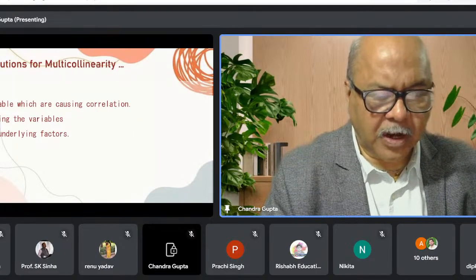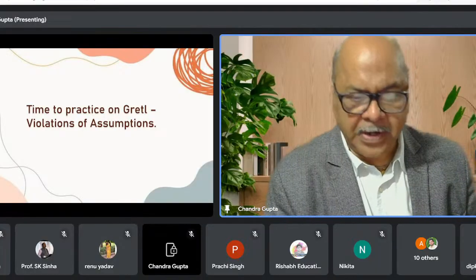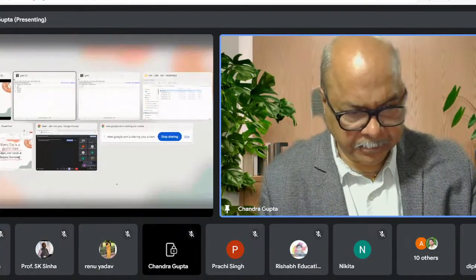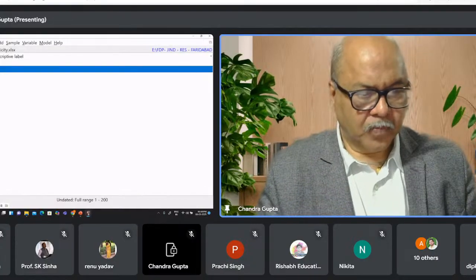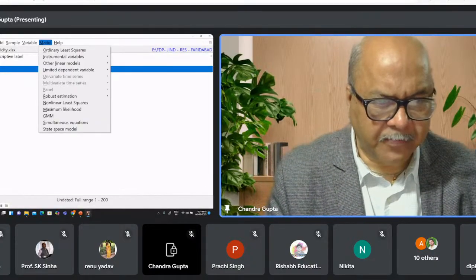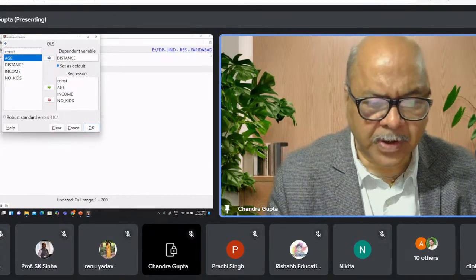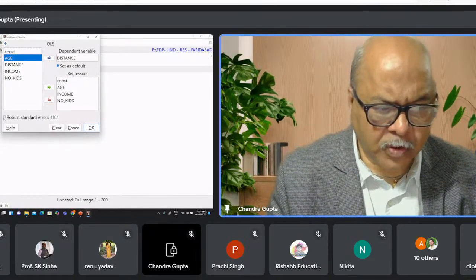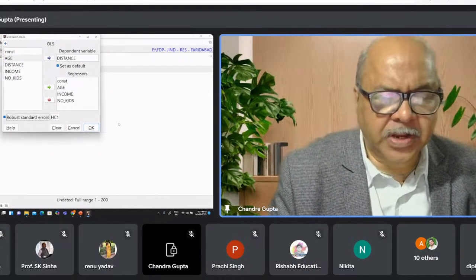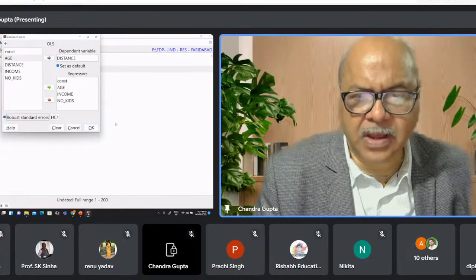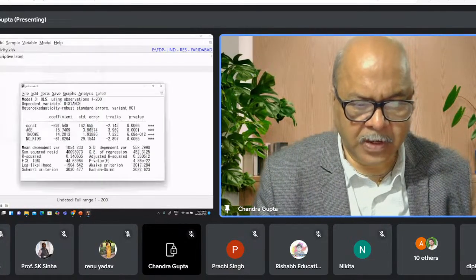So let's see how we check the multicollinearity problem in Gretl. Suppose this is the model we have: age, income, and number of kids. And to avoid heteroscedasticity, I am taking the robust standard error.